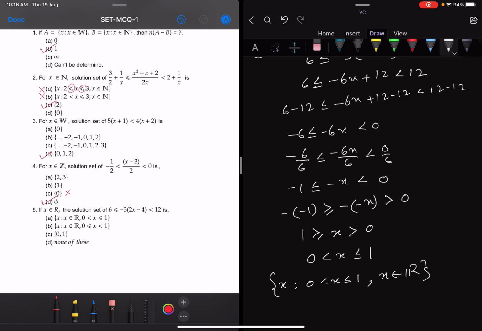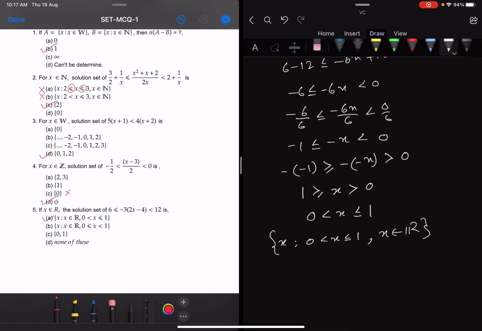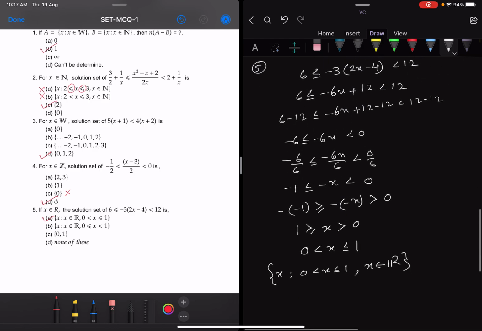It is given that this is the real number, this is not integer, not whole number, or not natural number. Okay, so as it is a real number, it means all points, the rational and irrational, all types of points in between 0 and 1, we should consider those points. Okay, that means our answer should be A.